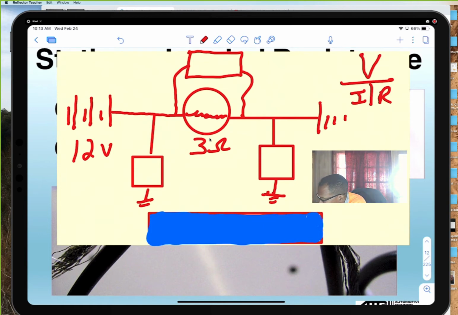Okay, and what I'm going to do is show you an example of what I'm talking about, that insulator. This is a connector right there.